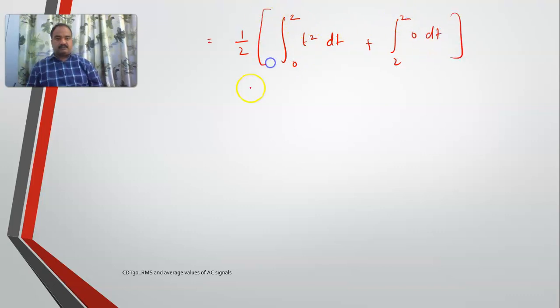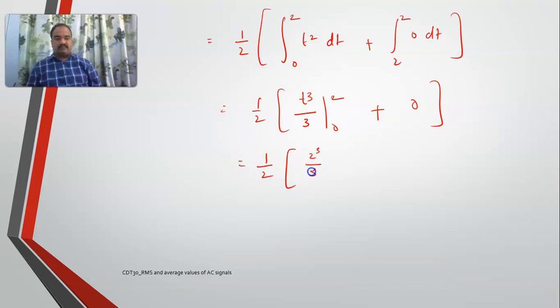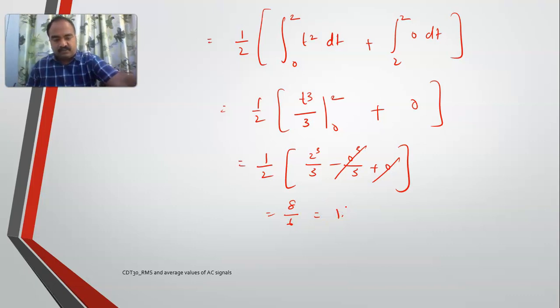The integral is t cube by 3 from 0 to 2 plus 0, no change. Substituting, I get 2 cube by 3 minus 0 cube by 3 plus 0, so this is 8 by 3. Already 1 by 2 is there, so it is 8 by 6, which is 1.33. This is your VRMS value. This is the way you determine the average value and RMS value of a waveform. We will see some more problems in the next class.